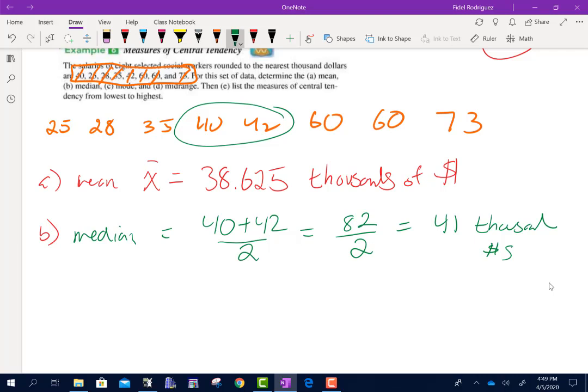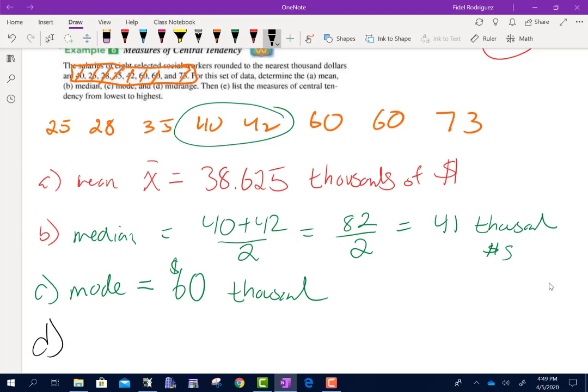Okay. Part C says we're going to find the mode. Remember, the mode is the number that occurs the most often. So in this case, 60, right? 60,000. And then part D, as in dog, says we're going to find the mid-range.